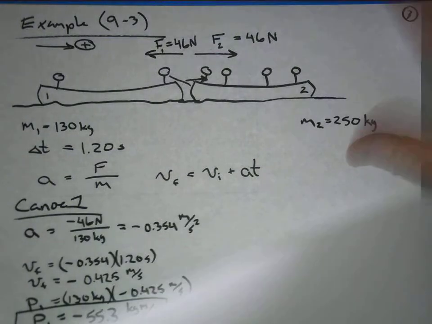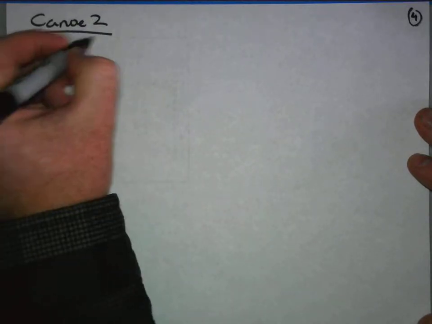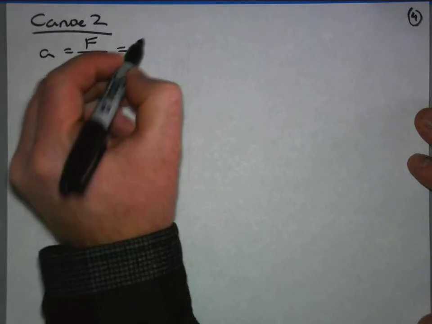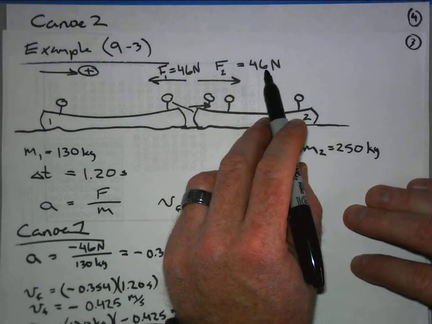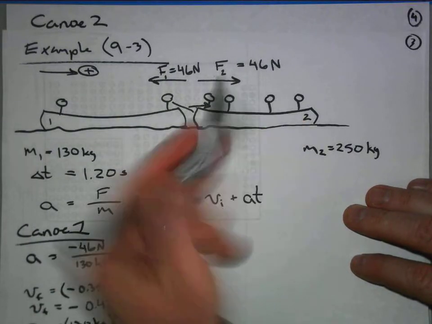So I must do the same thing now for canoe 2. Canoe 2 is going to experience an acceleration due to that force, and I'll divide by the mass. So the force, now for canoe 2, it's 46 newtons acting on canoe 2, but that is a positive force.